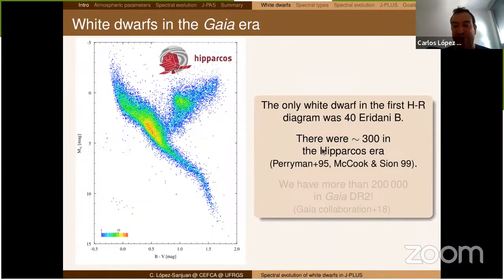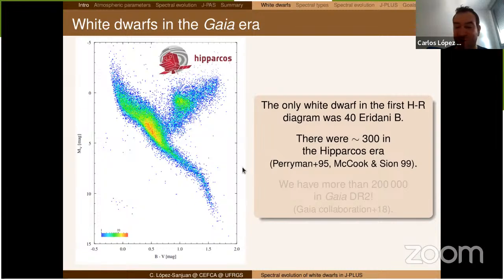That was the state of the art at the beginning of this century, and then Sloan Digital Sky Survey started and took a lot of spectra of UV bright objects. So at the end, we have like 300 white dwarfs with parallaxes, but we gathered like 30,000 spectra of white dwarfs. So 2 orders of magnitude more spectra of white dwarfs than parallaxes.